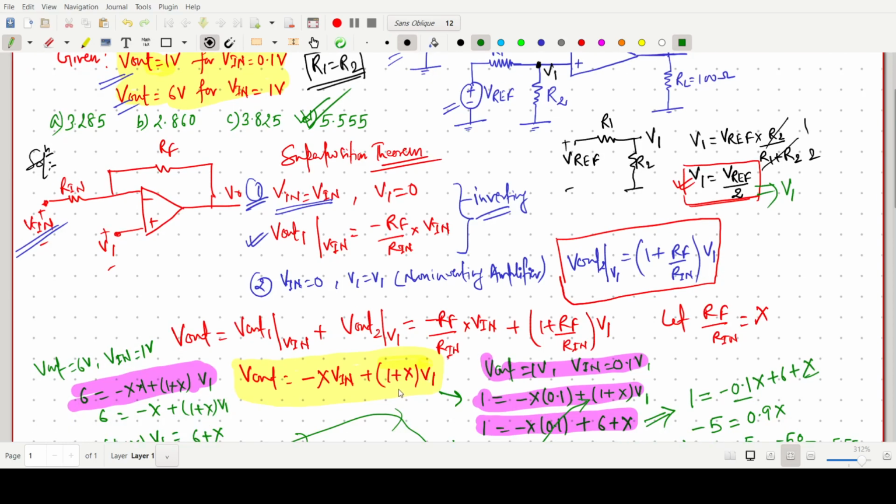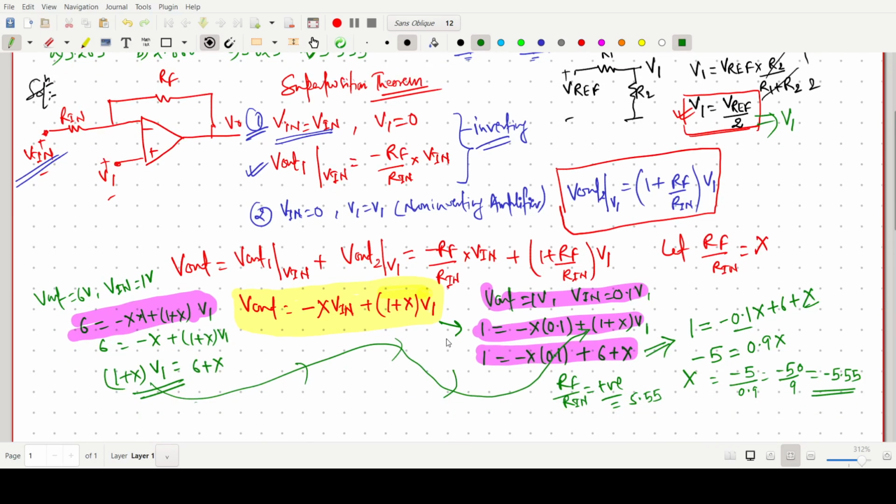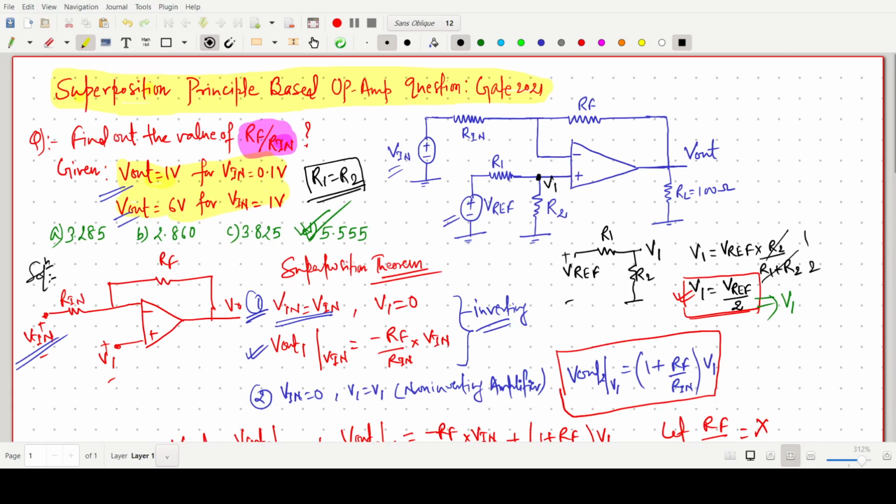Then we put in the two conditions, write the two equations, and solve them to find the value of RF by R1, which becomes 5.55.